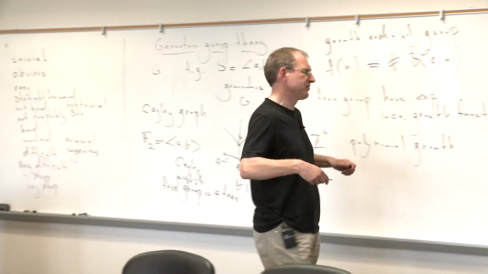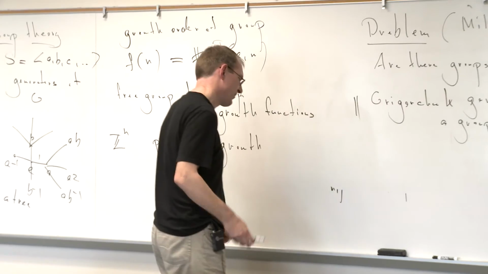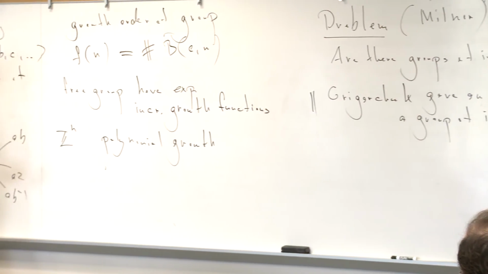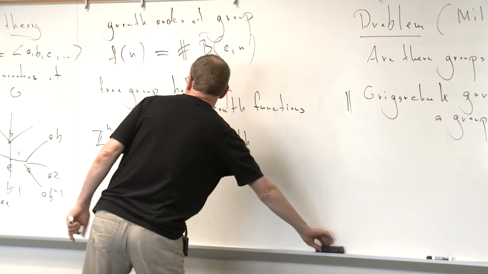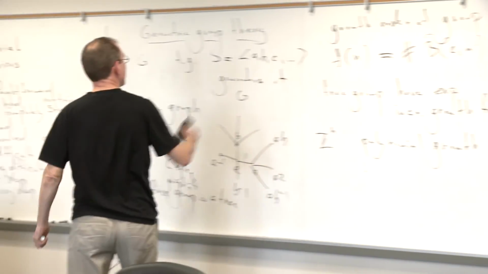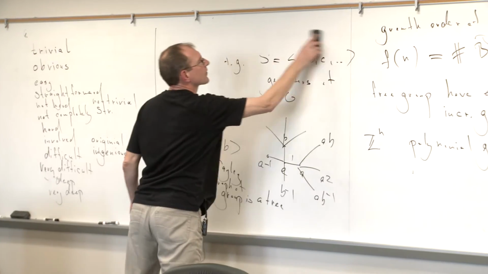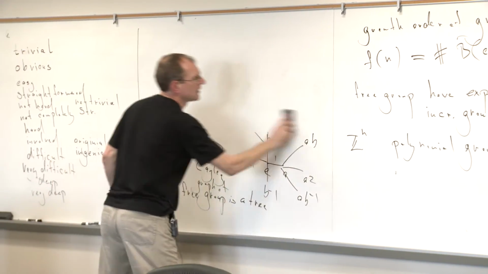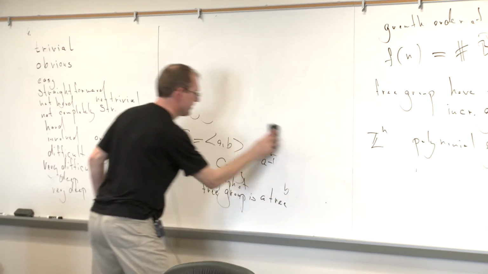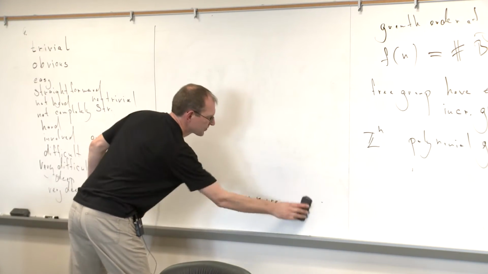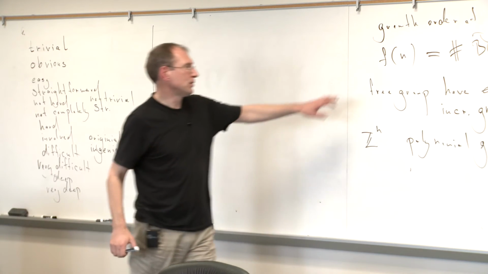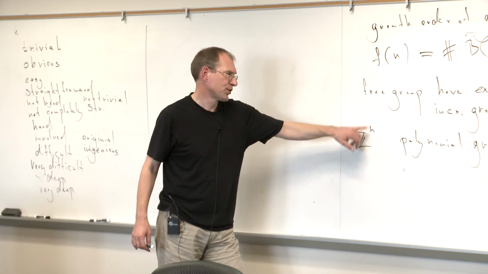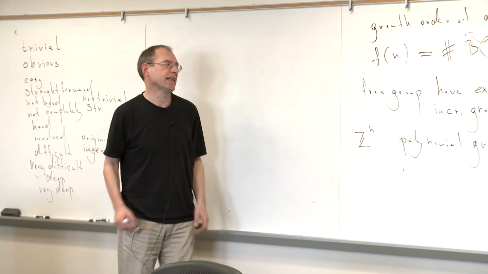Another instance of depth in this area is not an example, but rather a theorem that has to do with these things here. It was a conjecture again for decades. Namely, if you have a group of polynomial growth, then it should look in many respects like Zn.